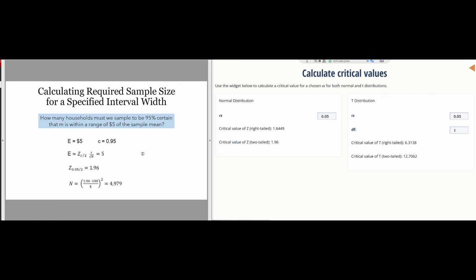Either our customer or our boss or maybe a government agency or regulation, in order to provide appropriate information for some manager or somebody to make an appropriate decision, you might be required to have a 95% confidence level in your estimate of the mean, and maybe you're also required that the error bounds on the estimate are plus or minus $5 at most.